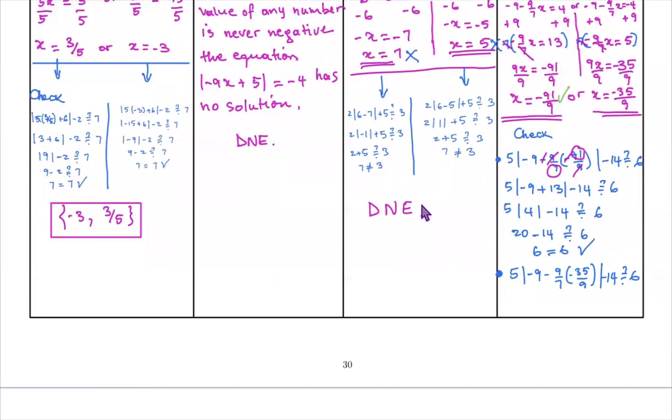We do the same thing here. Minus is a plus, cancel the 9, and 35 divided by 7 is 5.